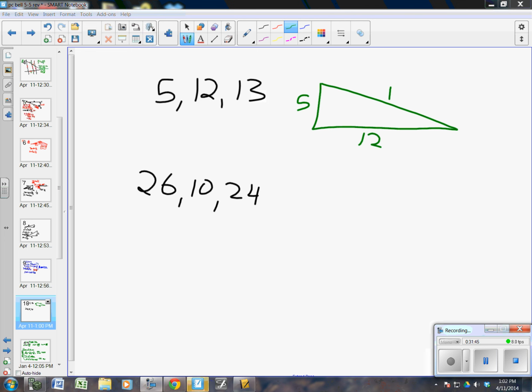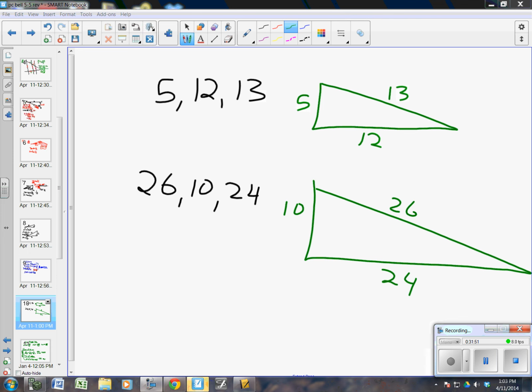If this is 5, this is 12 and 13, and all those numbers are just double, 10, 24, and 26, then that creates similar triangles, doesn't it? Right. And similar triangles have congruent angles. Okay, do we understand that? Okay, on your test, there will be 5 problems like that. Think you can handle those? Yeah. All right.